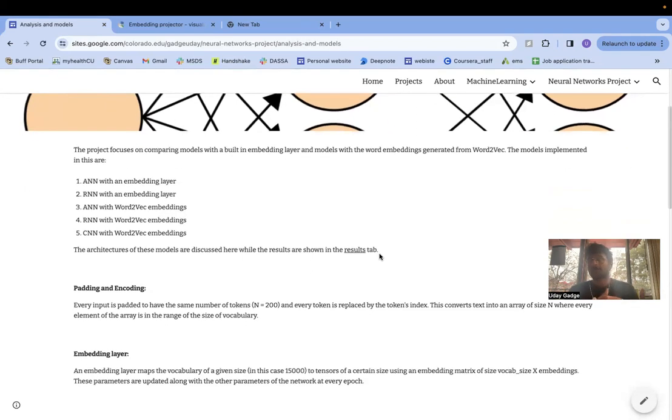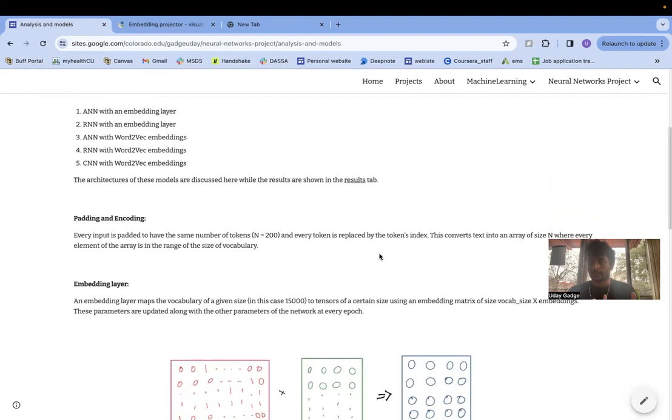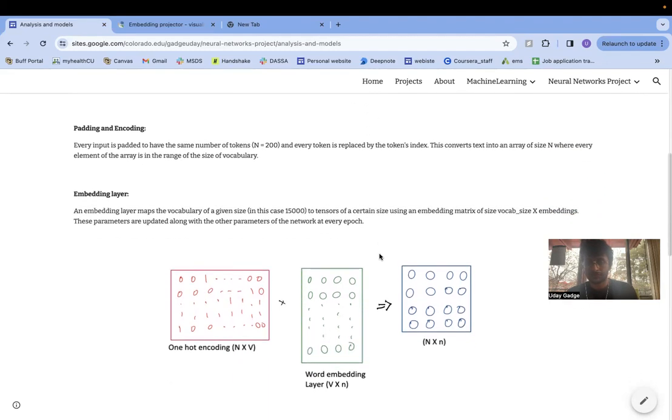So before passing through either of these models, each text is padded and encoded with the index of the word in the vocabulary, so that every text or every poet or every poem or every document in this case is of the same size.